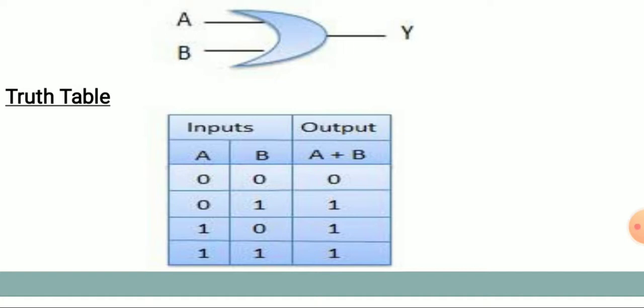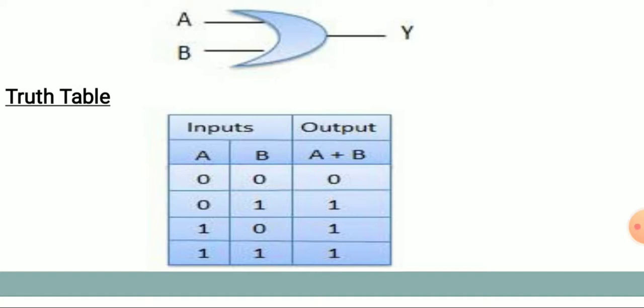Compare the truth tables of the AND and OR gates. You may see the difference. In the AND gate, the output will be 1 only if both A and B values are 1. But in the OR gate, if either A or B has a true value or 1 value, the output will also become 1.